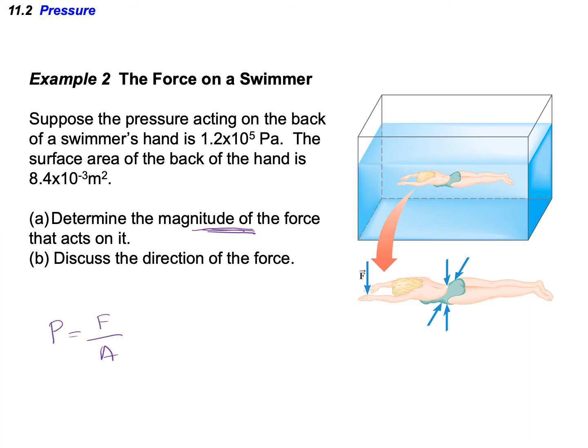First we calculate the magnitude, and then the second part asks for the direction. From this equation, force is pressure times area, so P times A. Pressure is 1.2 times 10 to the 5 Pascal, and area is 8.4 times 10 to the negative 3 square meters. You can calculate force, and let me show you the calculations on the next slide.